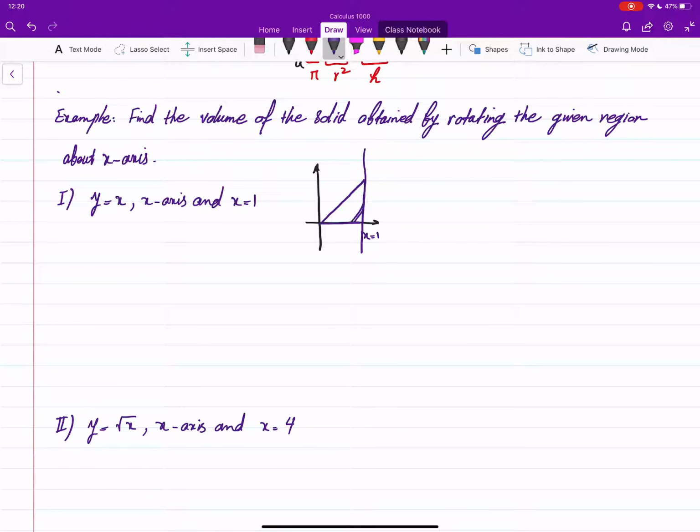You see that the region is this one. So if we start rotating this about the x-axis, what we will get is going to be a cone.